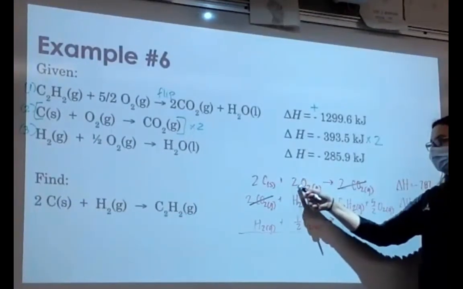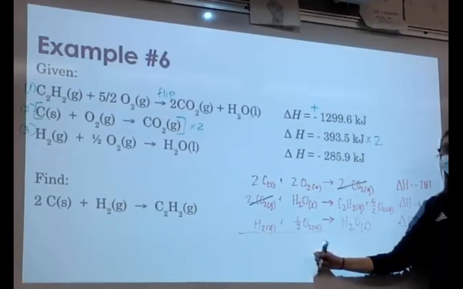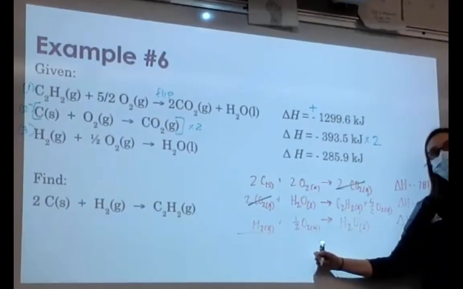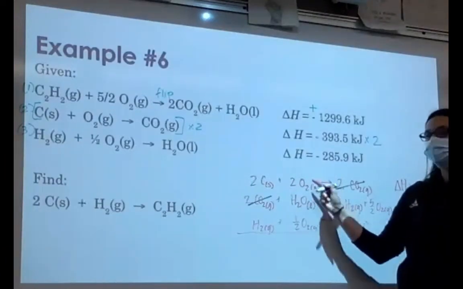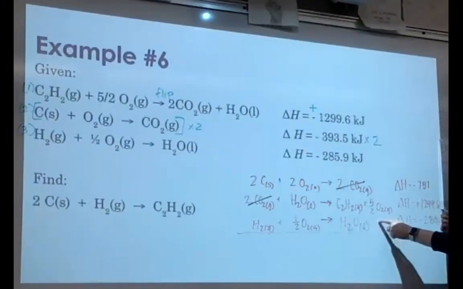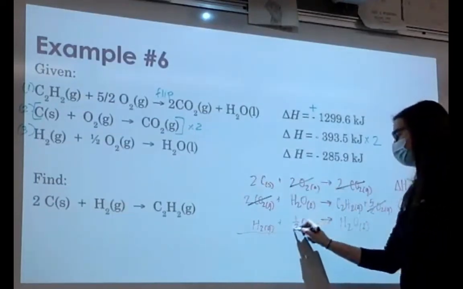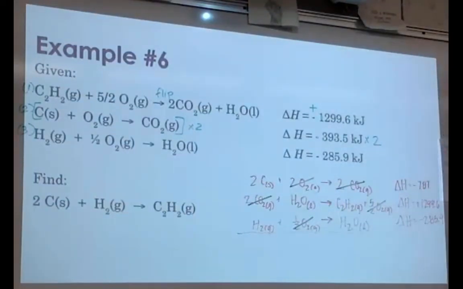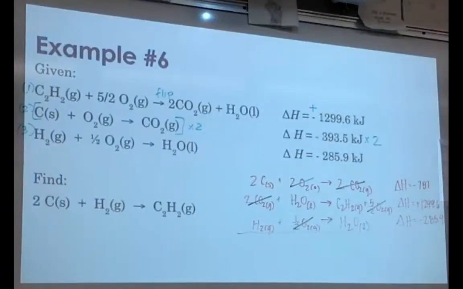Notice here I have 2 oxygens and 1 half oxygen. 2 plus 1 half is 5 halves, so I have 2.5 oxygens. So all of the oxygens will cancel. In the example in the video, only half of an oxygen canceled, because that's all that was available.